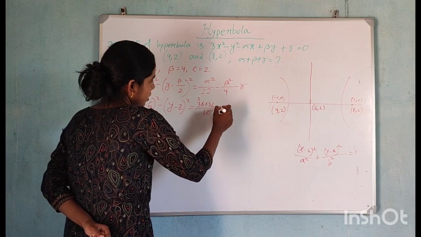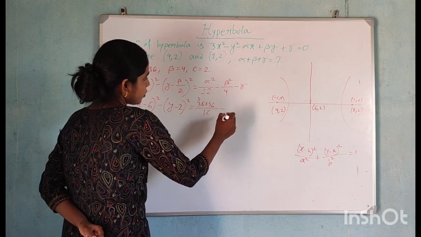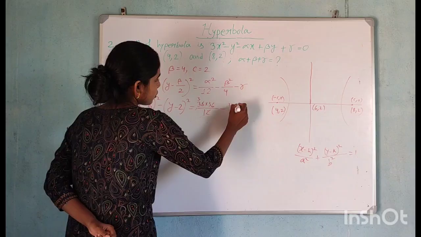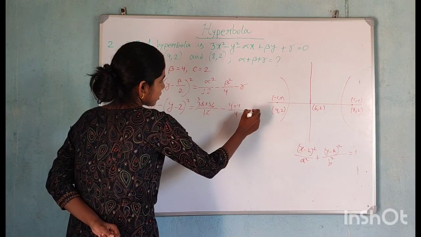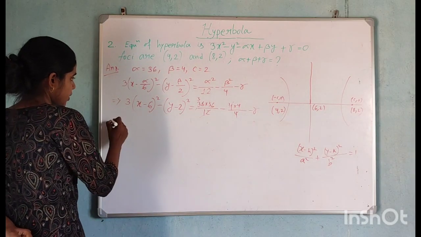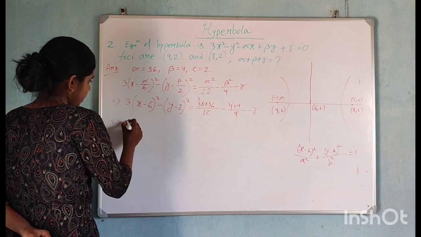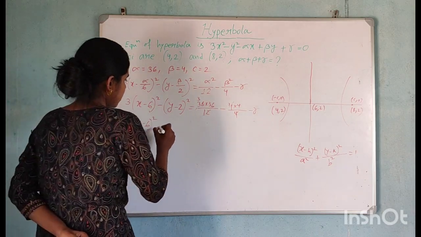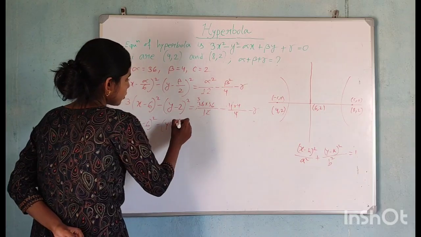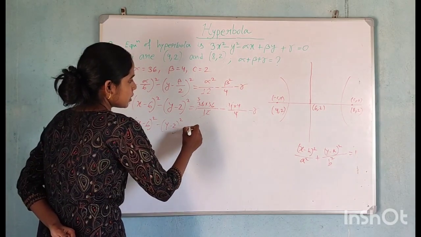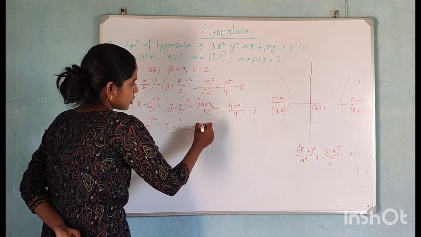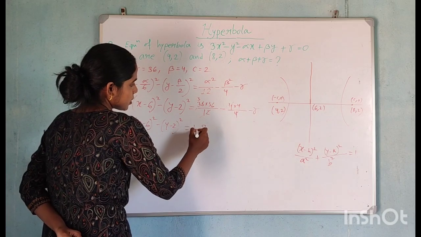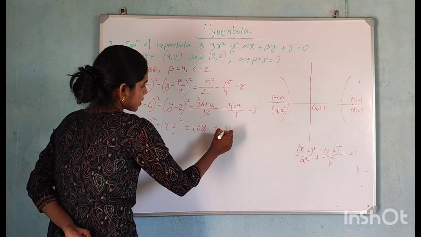Minus beta square by 4, so 4 into 4 by 4, 4 cancels, minus gamma. So 3 into x minus 6 whole square minus y minus 2 whole square equal to, multiply it, 108 minus 4 minus gamma.